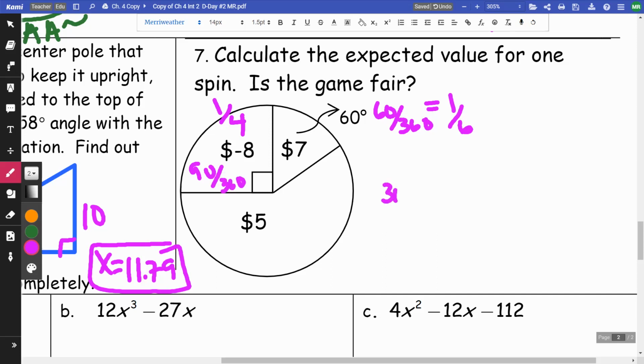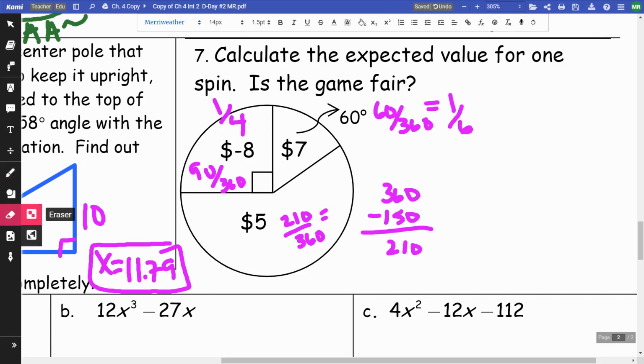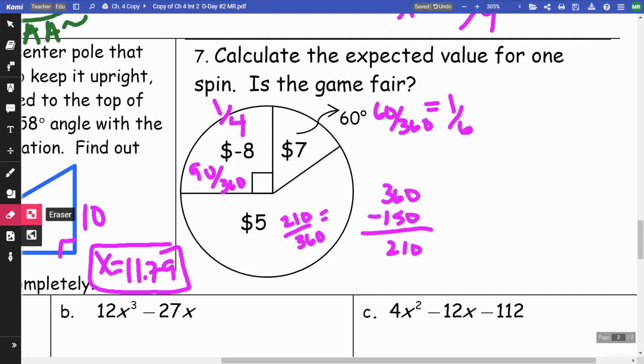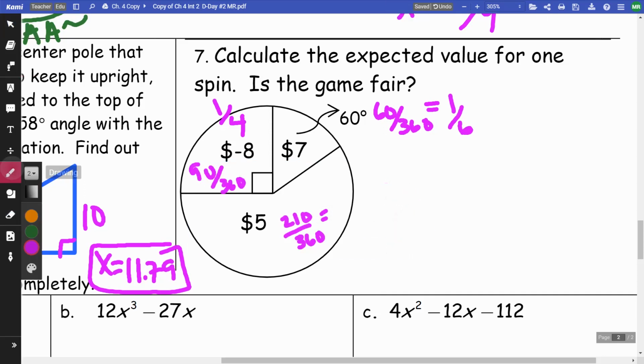So I'm going to take 360 basically minus 150 and end up with 210. So this is going to be 210 out of 360. And if we want to reduce that, that's 21 over 36. And if I divide by 3, that's going to be 7 over 12.